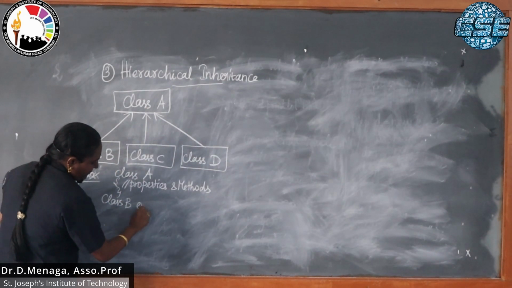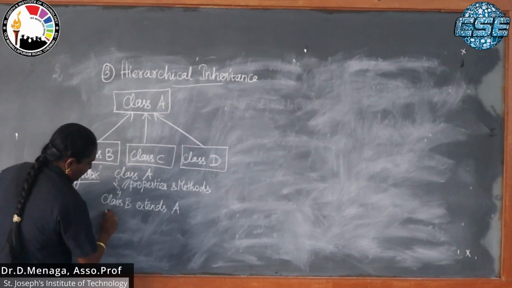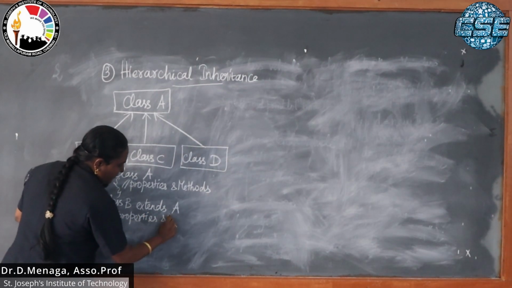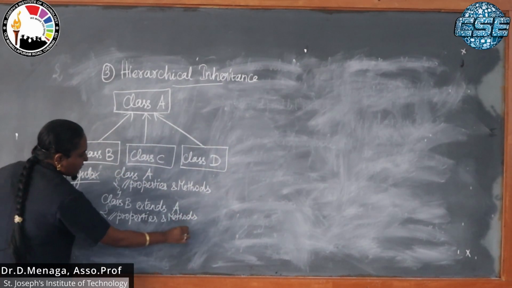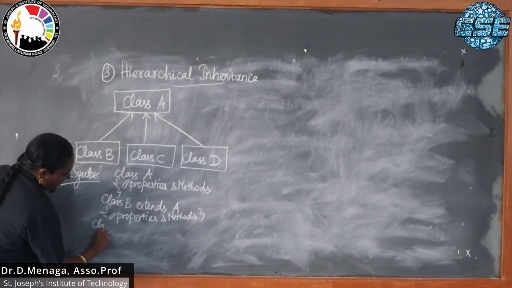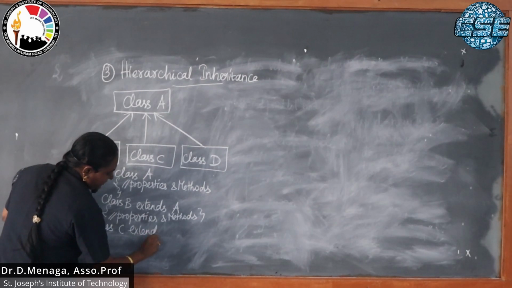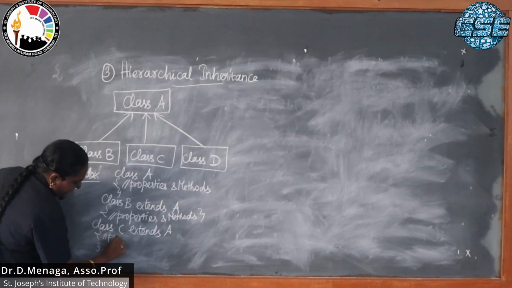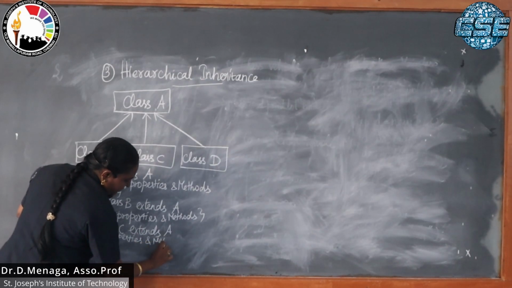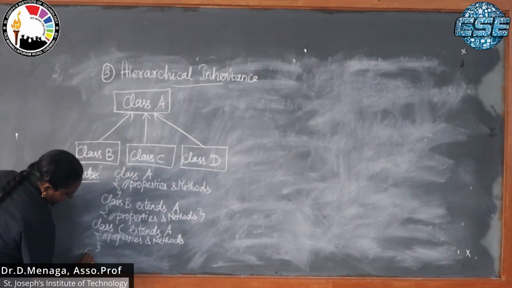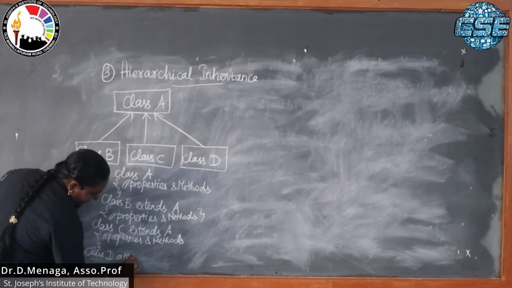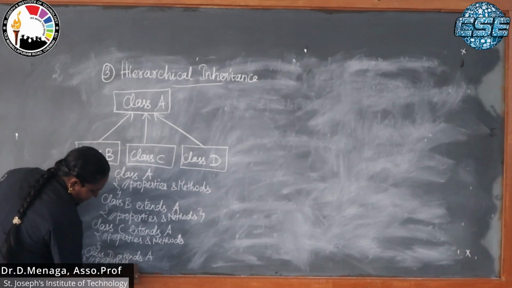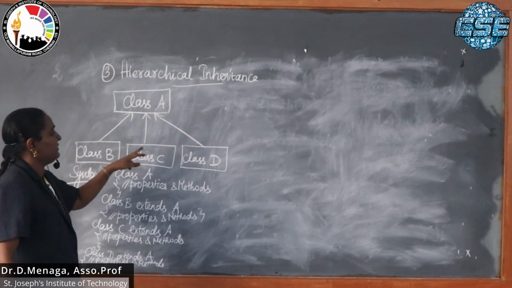And we have a derived class B that is going to inherit the properties of class A. And then we have class C. So that is going to inherit the properties and methods of class A. And then we have class D. So all these classes will have properties and methods.